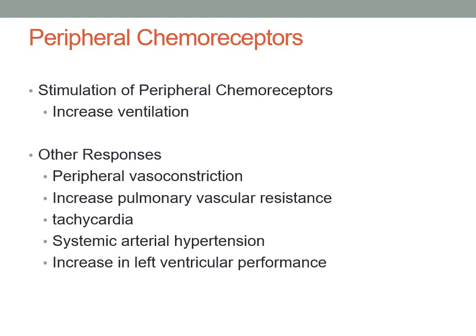But they have other responses as well. They also can cause peripheral vasoconstriction, like vasoconstriction of the hands and arms. You'll see this with blanching. Increased pulmonary vascular resistance, systemic arterial hypertension, tachycardia, and an increase in left ventricular performance.